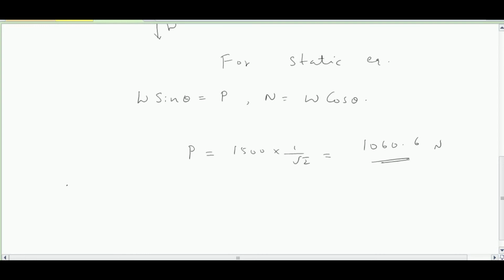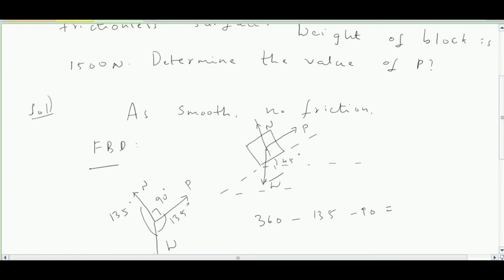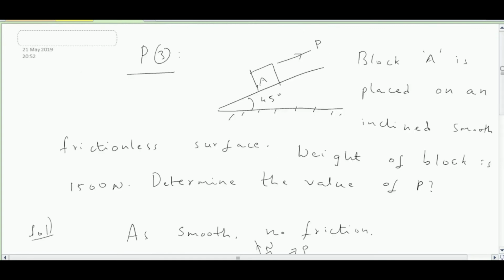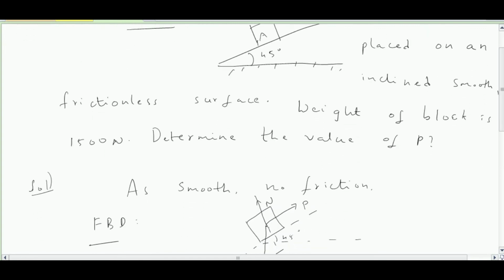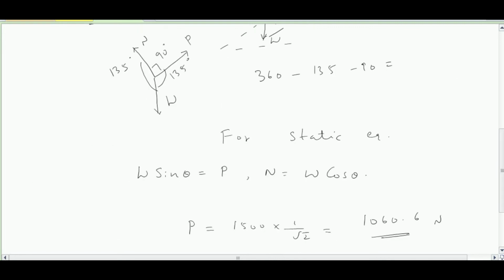Let us see one more problem so that we have a proper understanding of the concepts taught in the theory lectures.